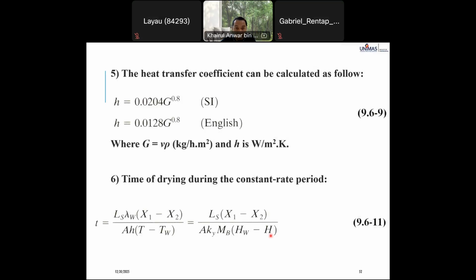What is it for SI? The heat transfer coefficient can be calculated as follows: h equal to 0.0204 G to the power 0.8. That one is SI, where G is equal to V rho, and the unit of h is watt per meter square Kelvin.